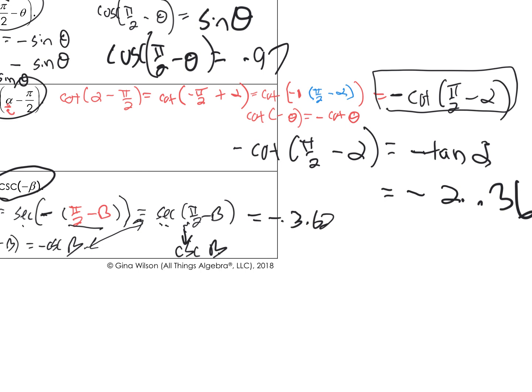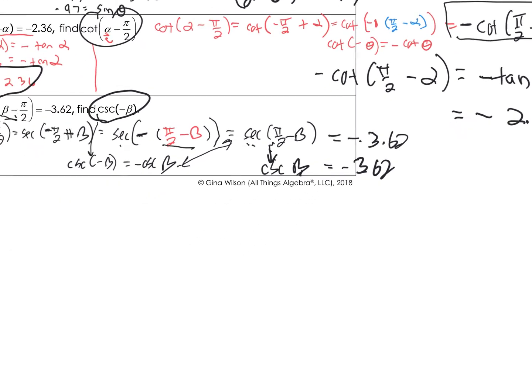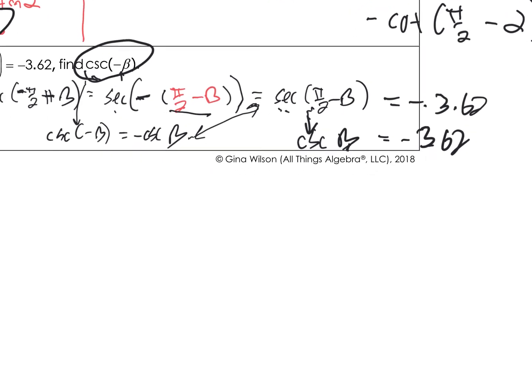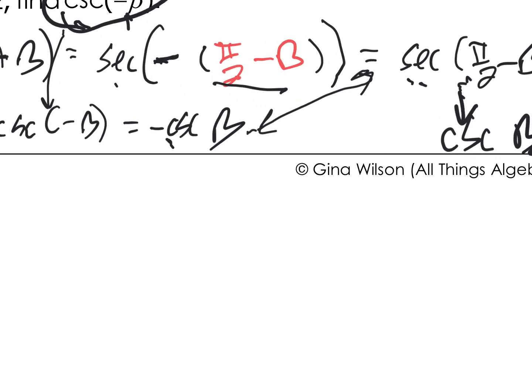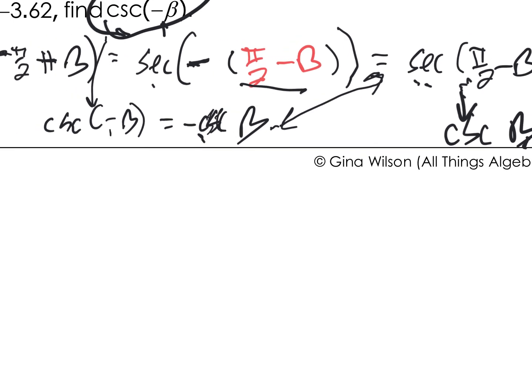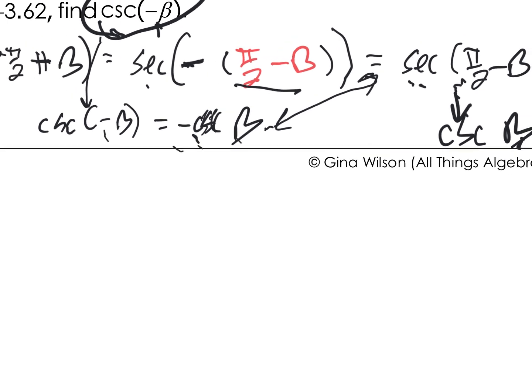So cosecant of beta must be equal to negative 3.62. And what was I looking for? Cosecant of the negative angle. Oh, so that whole line here, cosecant of the negative angle is a negative cosecant of beta.